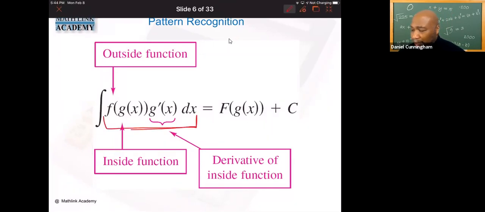This is what we're looking at. It's going to give me an answer of capital F of g of x plus c. Okay, and we have to look at some pattern recognition, and it's best to show some examples of what we're talking about. So I'm going to start with a simpler example, and then hopefully you can see the pattern of how to use U-substitution to solve more complex integration problems.